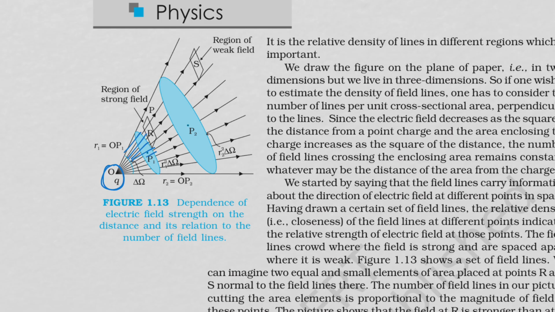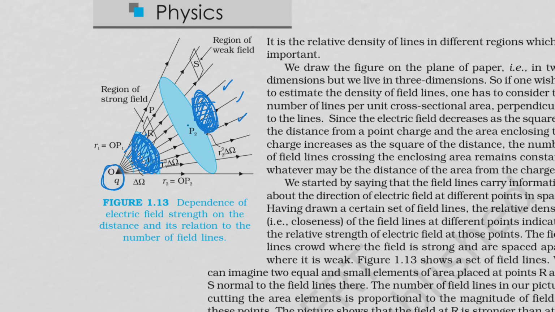There are more lines in a particular region. If the same region is drawn somewhere farther, then fewer lines are crossing this sphere, which simply means fewer lines means weaker electric field. More lines in the same area means stronger electric field.